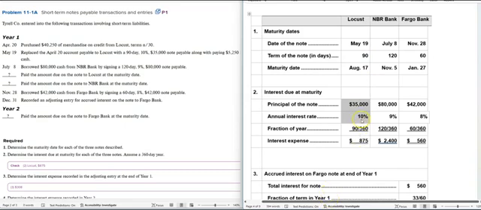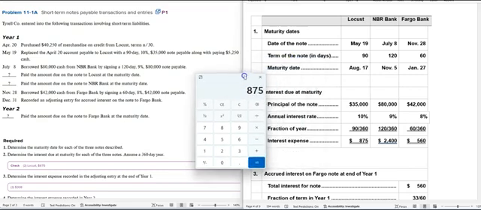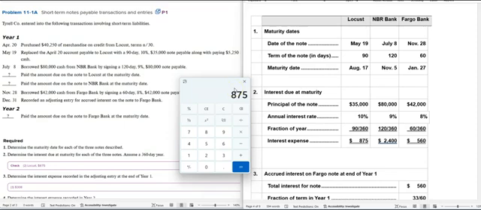So we will then multiply that annual interest by the fraction of the year, 90 divided by 360. We come up with the amount $875. That is the amount of interest that will be paid on this note when it reaches maturity date, along with the $35,000 owed.